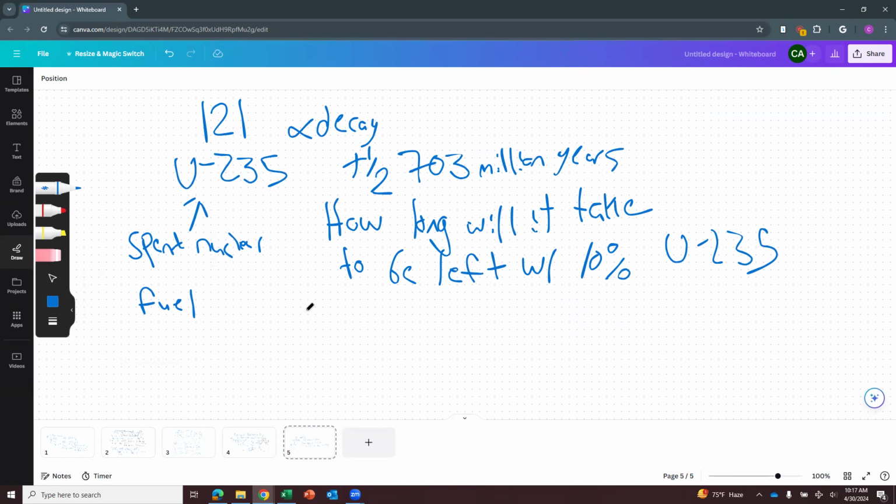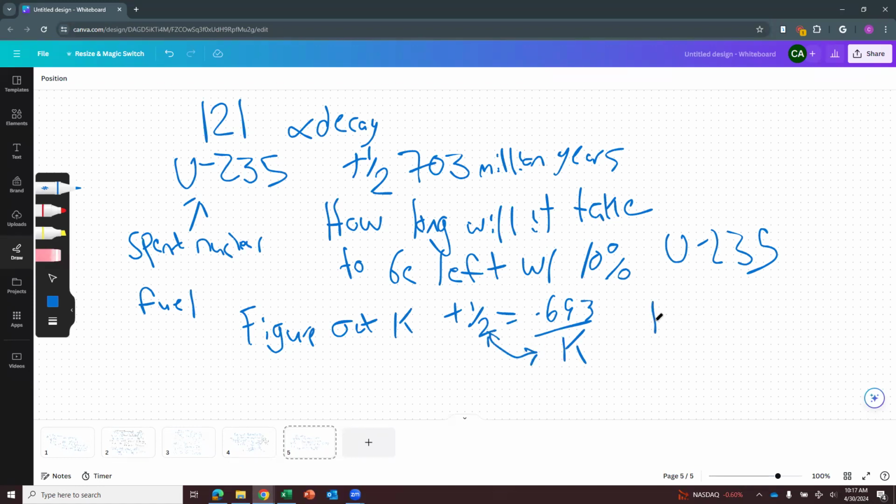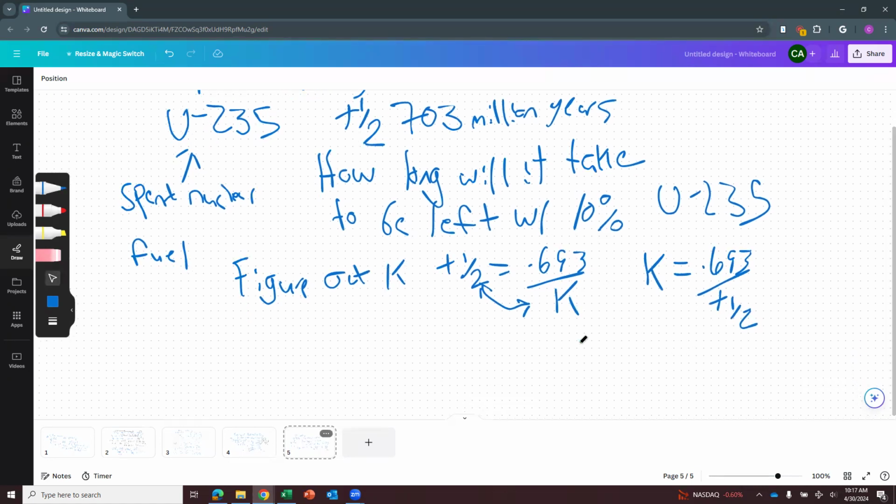So the first thing we need to do is figure out K. T1/2 equals 0.693 divided by K. I can take this equation and rearrange it to say K is actually 0.693 divided by T1/2. And we know what T1/2 is. It's given in our reaction.